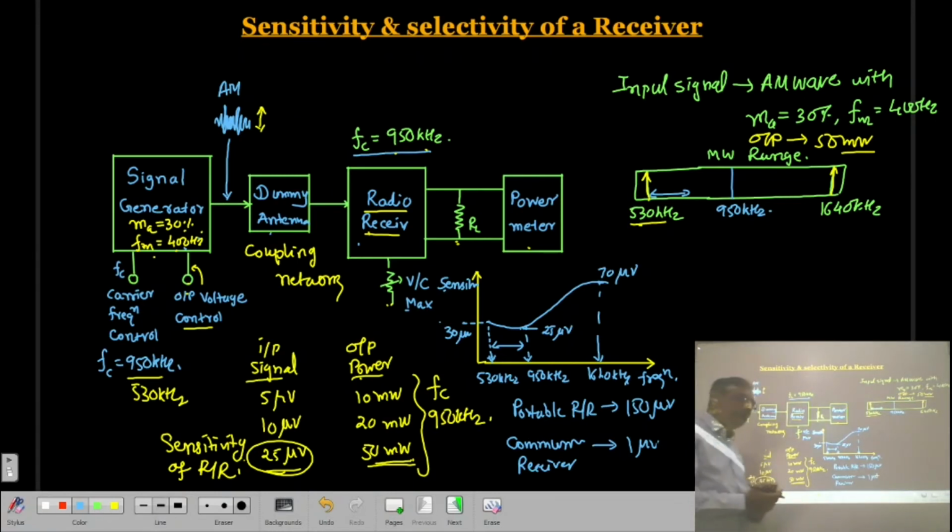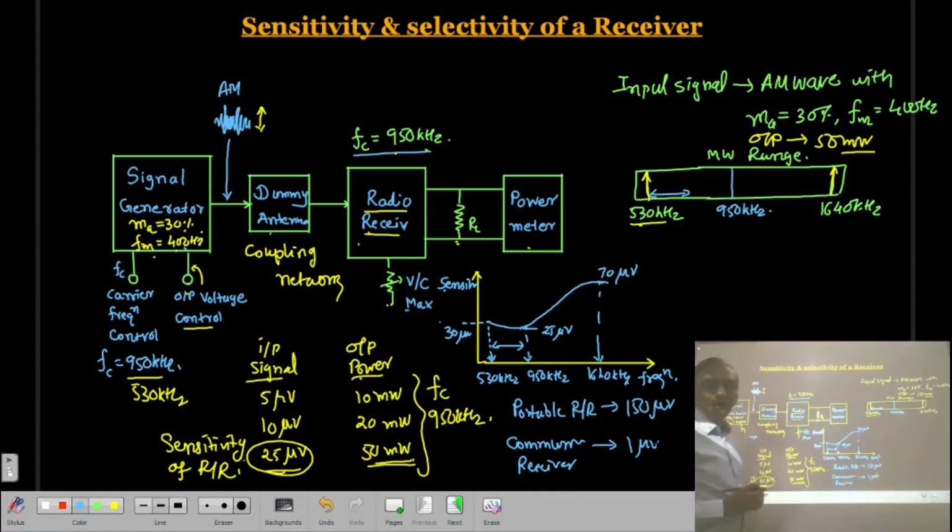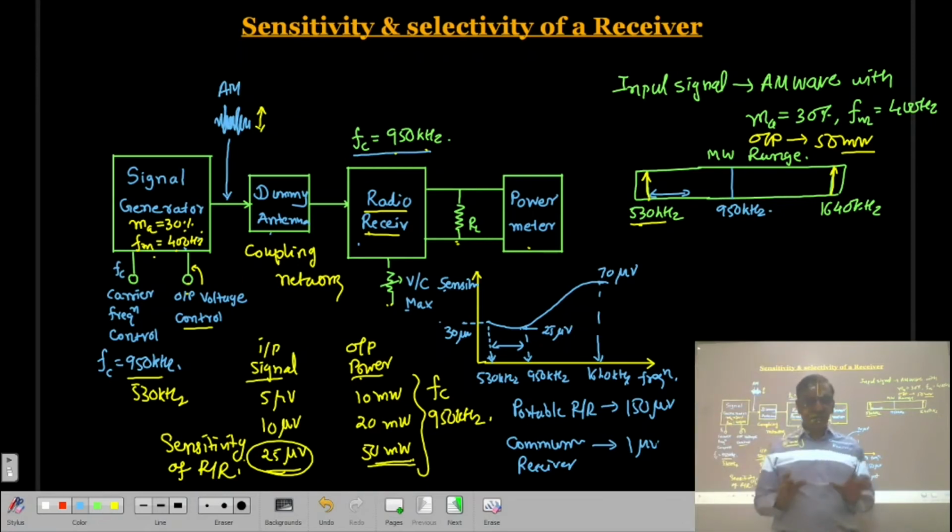Basically, if you want to improve the sensitivity of the radio, then we have to increase the gain of the RF amplifier and the IF amplifier. In a portable radio receiver, remember, we do not have an RF amplifier, and that's why the sensitivity is poor.